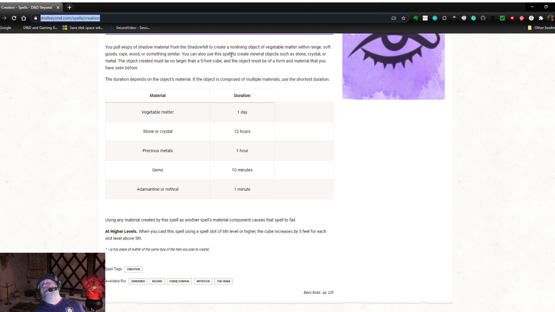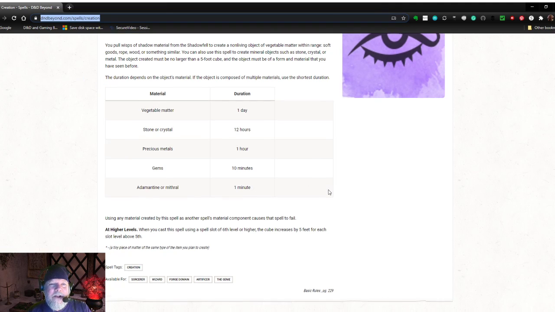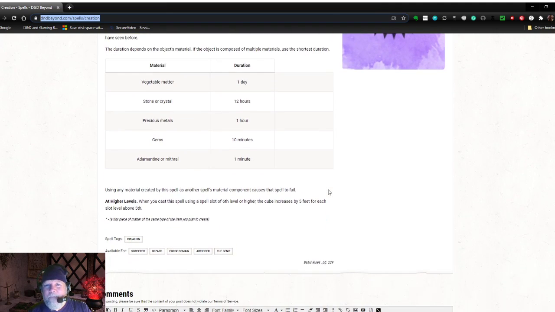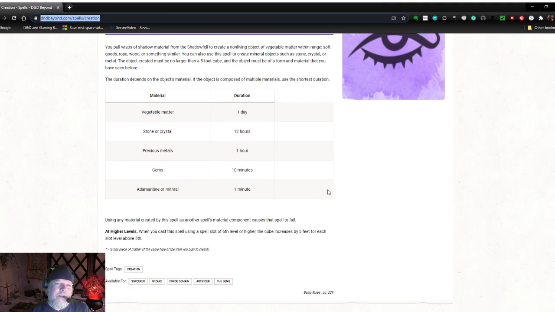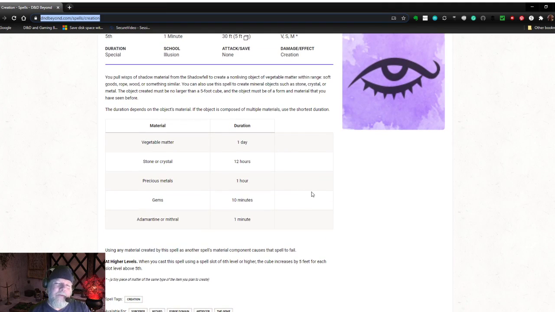I'm not sure how that would really work. So, all right, let me know. What are your thoughts on using the creation spell in that way, or how have you seen it used?